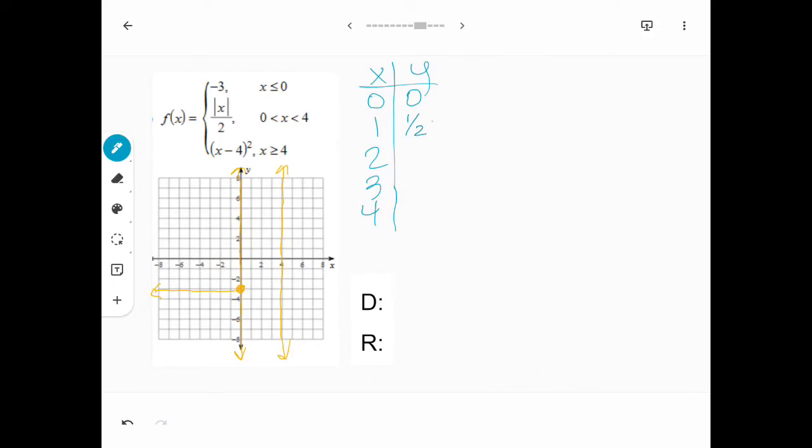This gives me a half, or 0.5, whichever you prefer. Plugging in 2, absolute value of 2 is 2, divided by 2 is 1. 3, if you notice the trend, we're going to have 3 over 2, which is 1.5. 4 is going to give us 4 divided by 2, or 2.